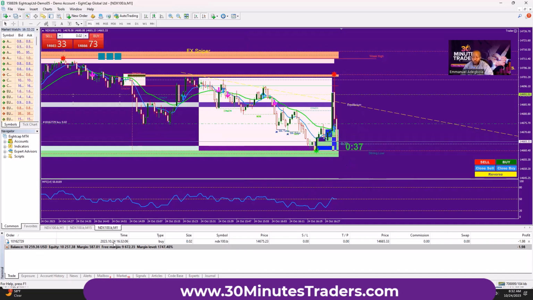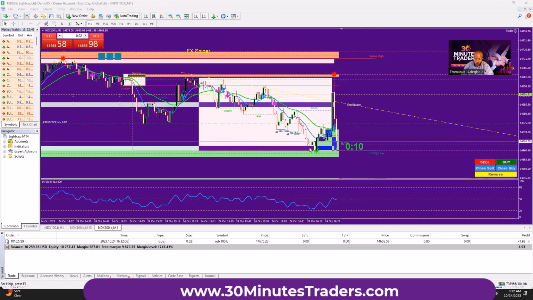Always apply good money management and risk management. This account I can risk up to $500, so this is still like $1, $10, whatever. Now, if you understand the smart money concept, you will know why this pullback right here is called a liquidity grab or sweep.